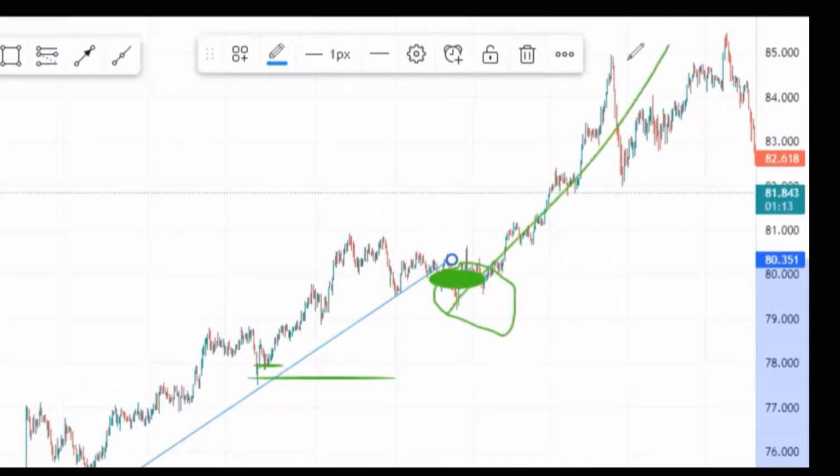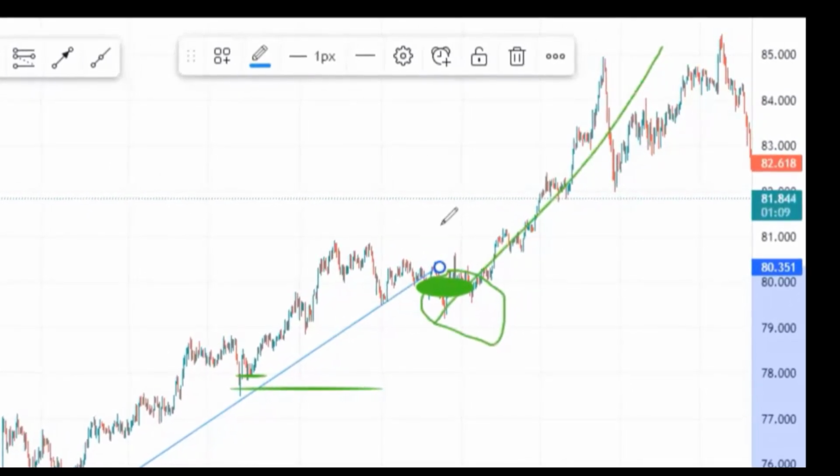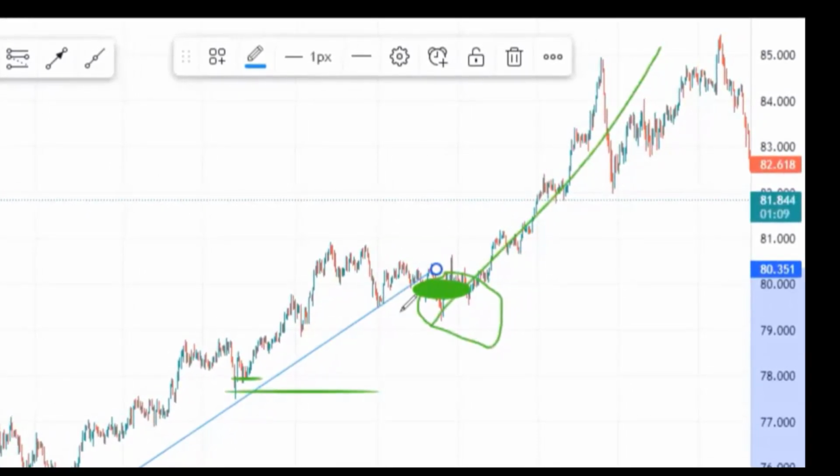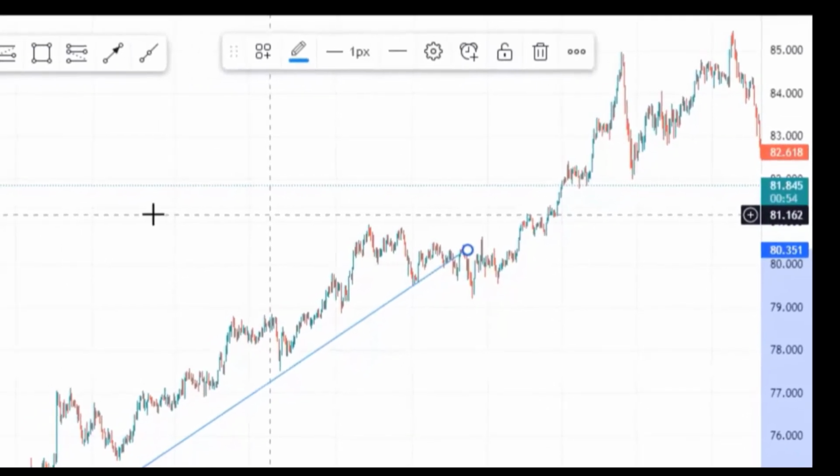If you were a trend line break trader, you would have actually fallen for this fake breakout and gone short. At the end of the day, you will lose money. So the trend line bounce strategy is a strategy that even helps you go in the direction of the trend.